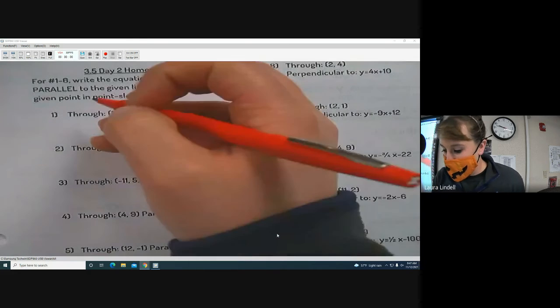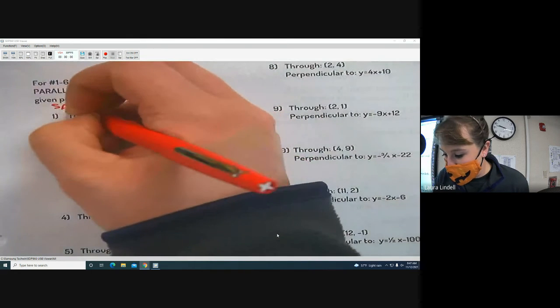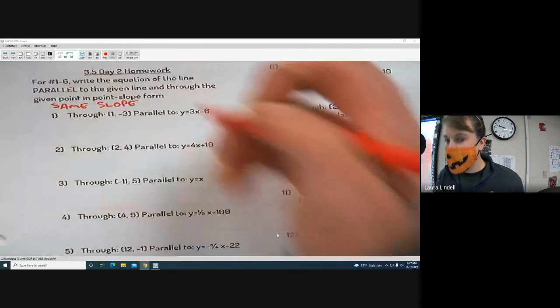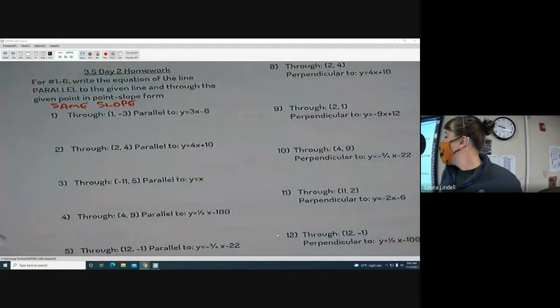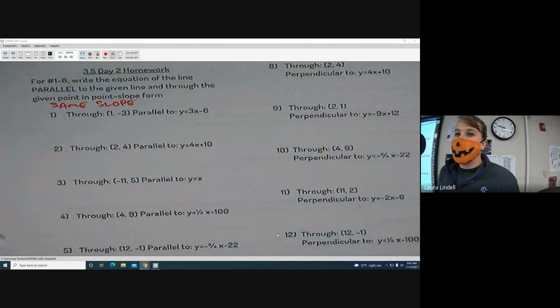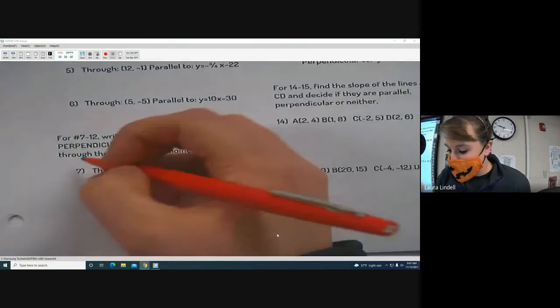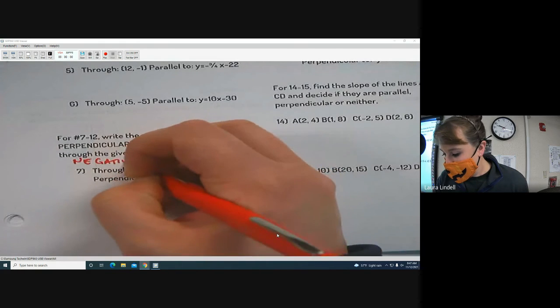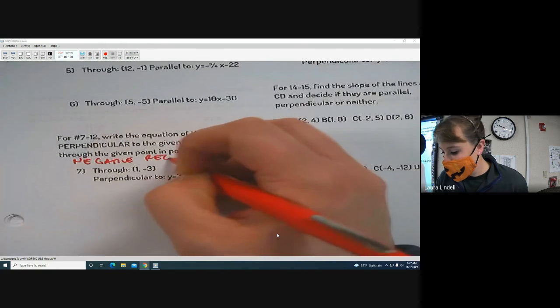So remember, on 1 through 6, we're going to have the same slope. If you want to make a note for yourself there, that would be a good idea. And then on 7 through 12, we're going to have negative reciprocal slope.